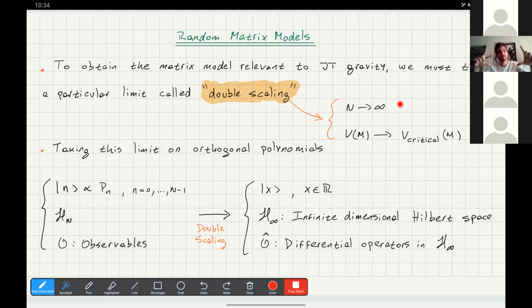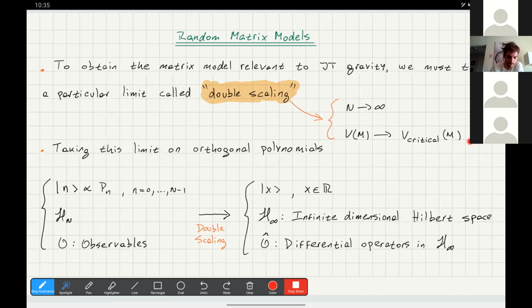Remember, N is the size of the matrix, so we're considering very large matrices. And then we tune this potential, V of m, to a critical potential, where the criticality is defined in some particular way in which the free energy or derivatives of the free energy diverge. So this is a particular limit that you can take of the theory that is quite interesting.